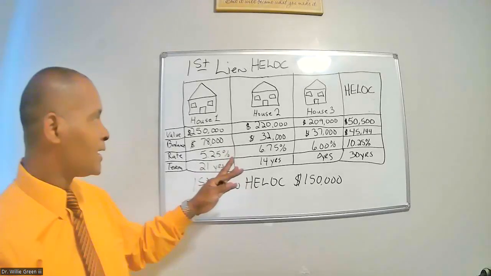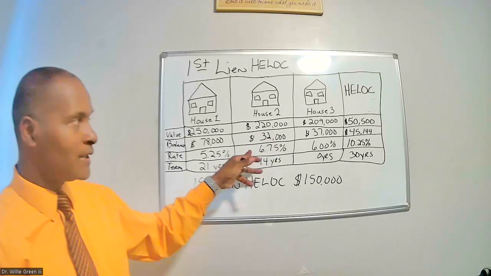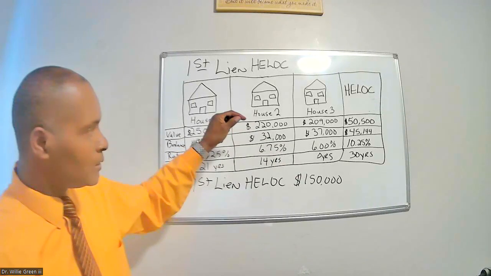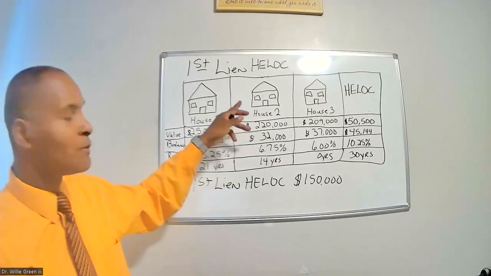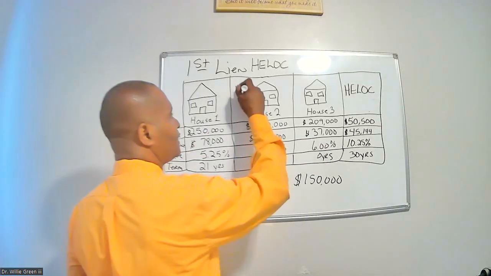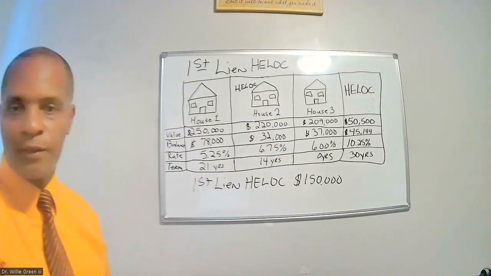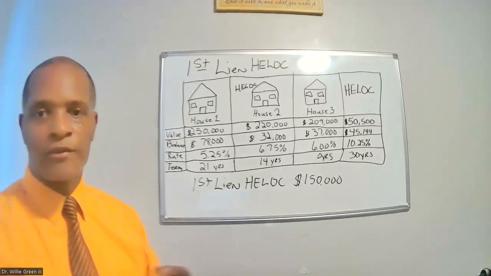So I took a HELOC out on property 2 for the $50,500. Yeah, the HELOC was placed on this particular property here, so this property has the HELOC as a subordinate loan. The primary lender was Wells Fargo.